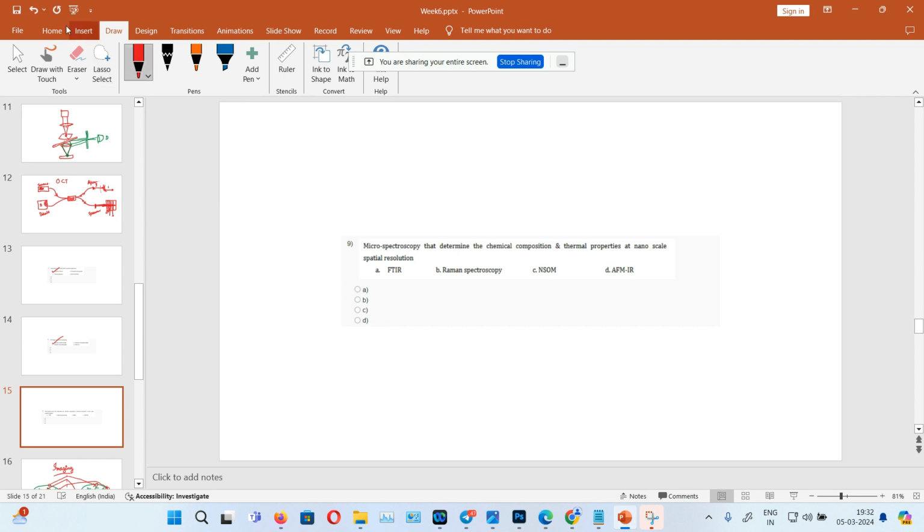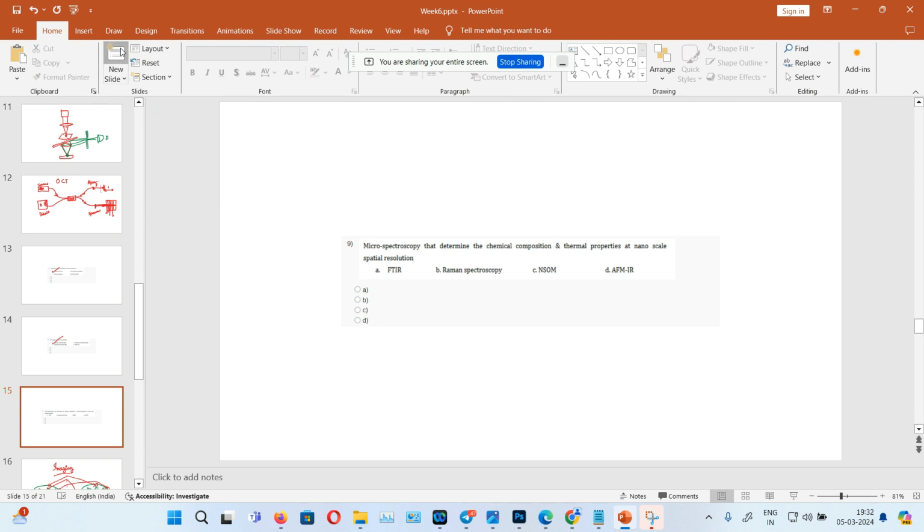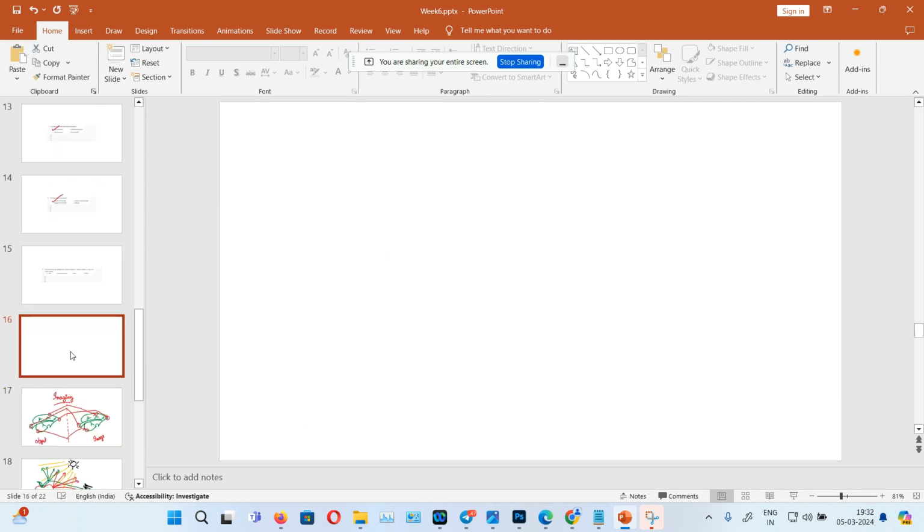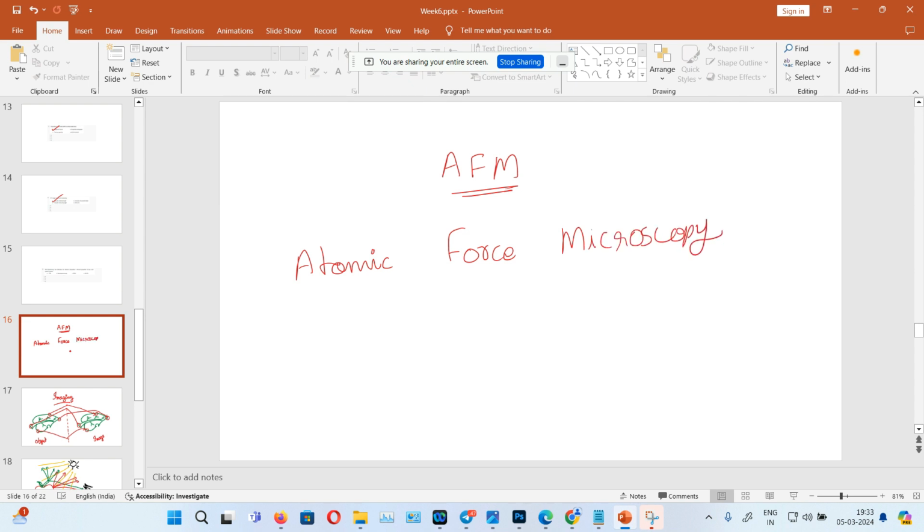So let's start. What is atomic force microscopy? This is one of the scanning probe microscopies.